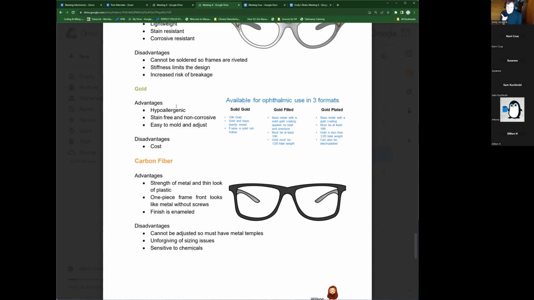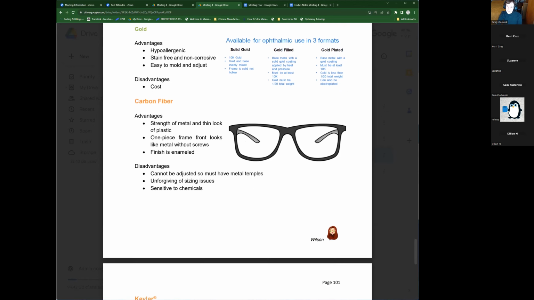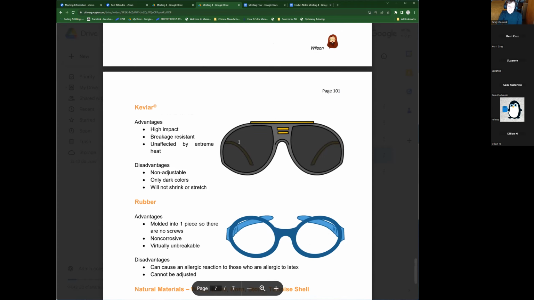I will tell you, very, very popular to see Cazals and Cartiers around New York City. Definitely a market in certain demographics for that type of stuff. I did not see them much in Massachusetts, but in New York, you do see them quite a bit, which I think is kind of funny, just a different place.